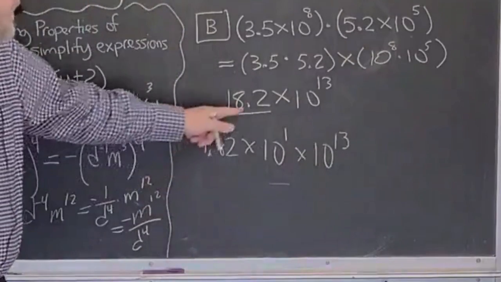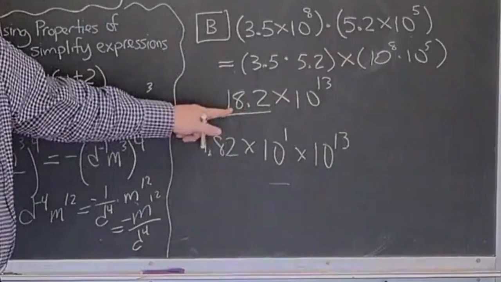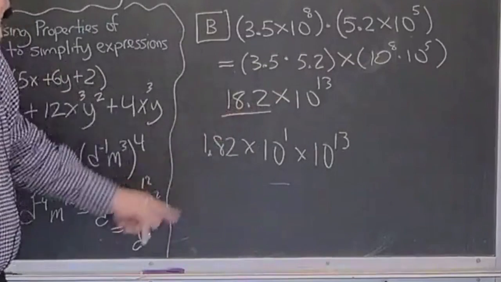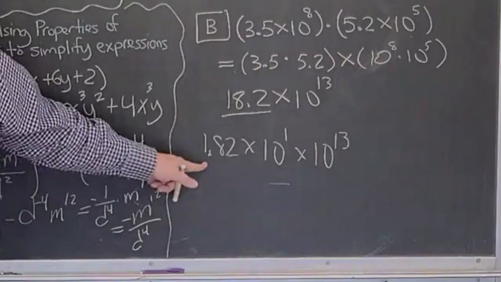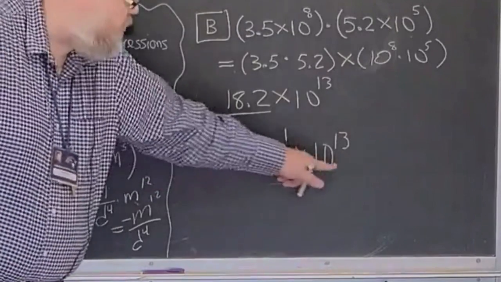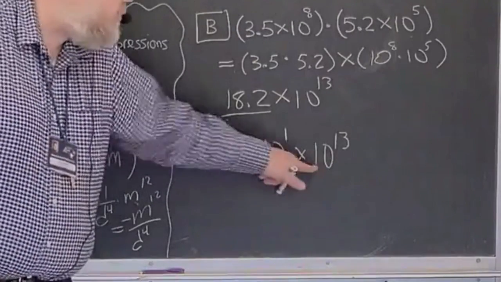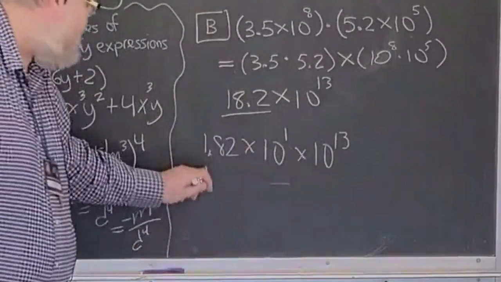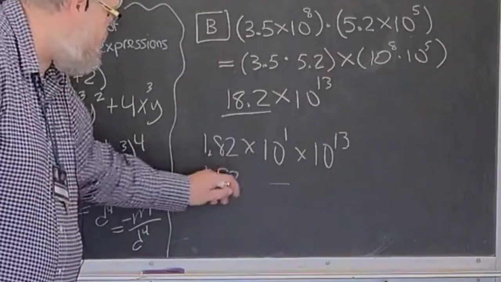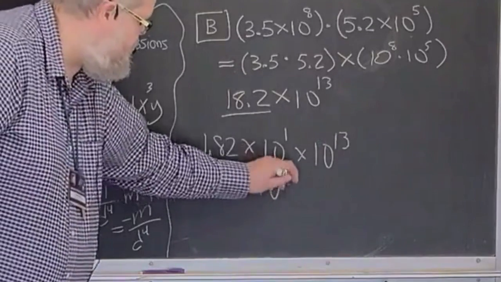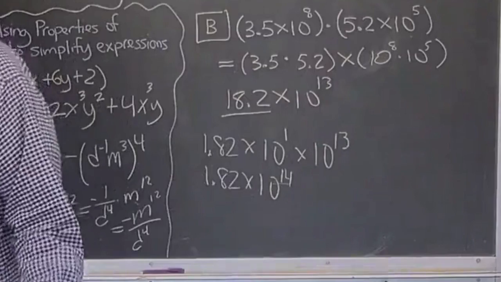So I have to move the decimal one space to the left, and that's why 18.2 becomes 1.82 times 10 to the 1st. Now I use my property. Like the base is multiplied means we add the powers. Final answer, 1.82 times 10 to the 14th power. And now we've simplified it completely.